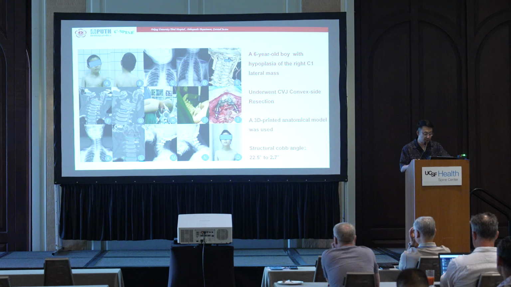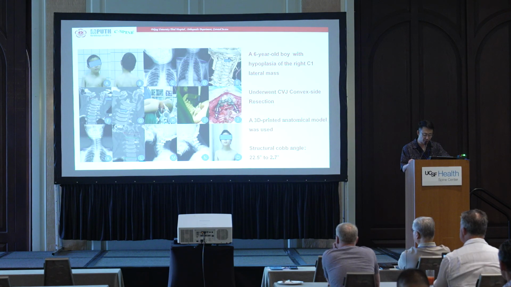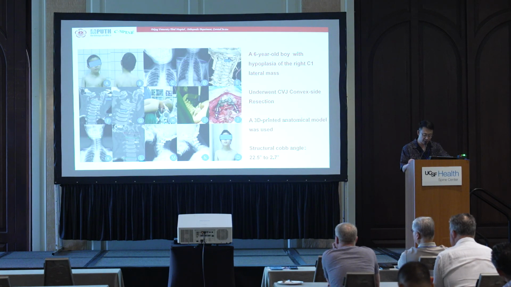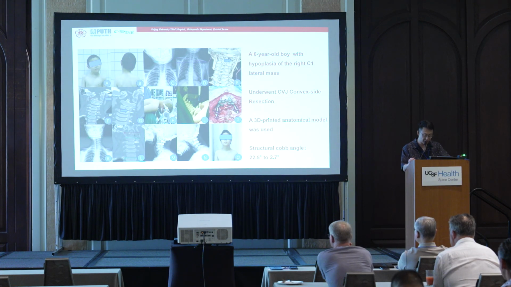So this is a typical case, a 6-year-old boy with hypoplasia of the right C1 lateral mass, leading to craniovertebral junction deformity. This boy underwent CVJ convex side resection with the assistance of a 3D printed anatomical model for precise surgical planning and during the surgery.